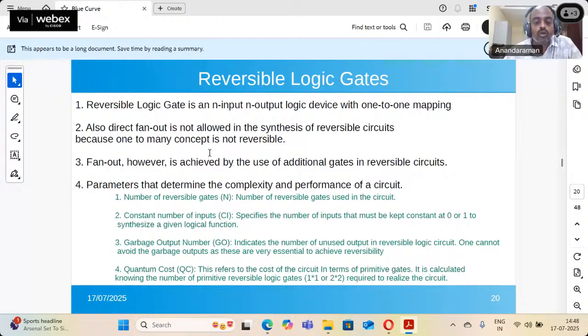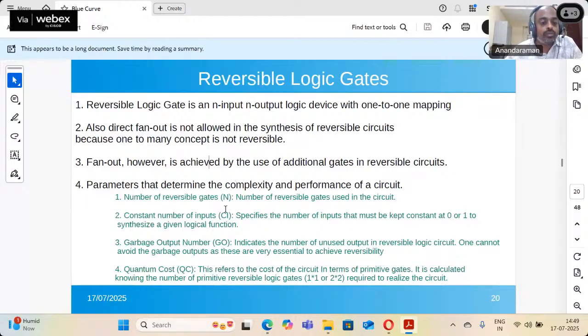If you connect one output to two inputs, that cannot be reversible. So it should always be one-to-one mapping. But fan out is required, because you have to give one gate's output to other gates' inputs. It is achieved by using additional gates in reversible circuits. Direct fan out is not allowed.